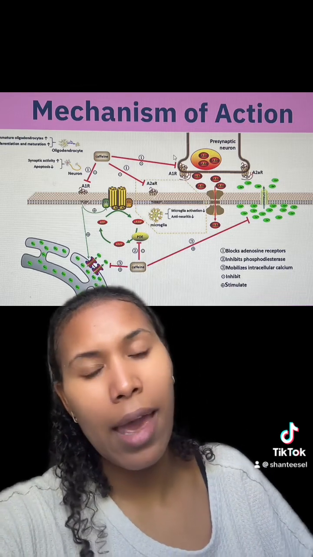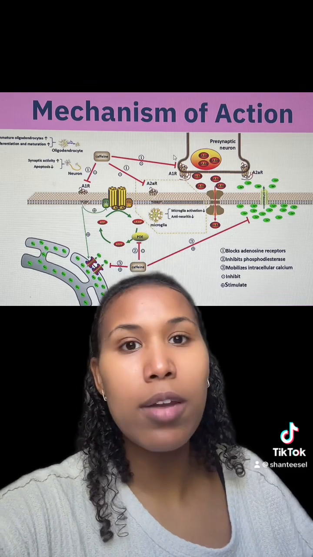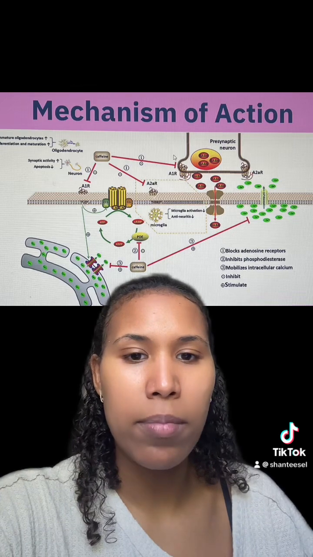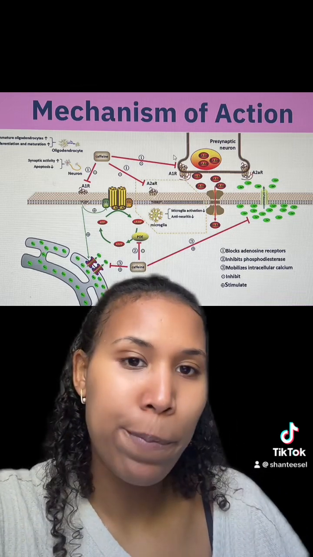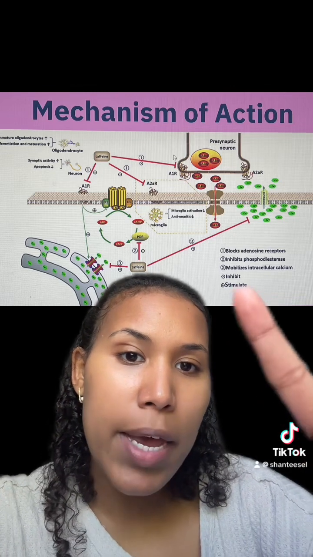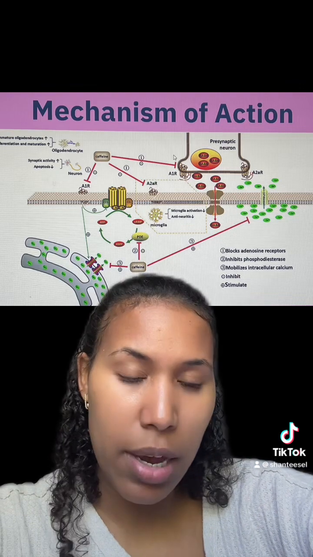Makes sense since caffeine is a stimulant. You kind of want to be in a good mood and also have the energy. So that makes sense just on a realistic level as well. The last part of this mechanism describes mobilizing the intracellular calcium.